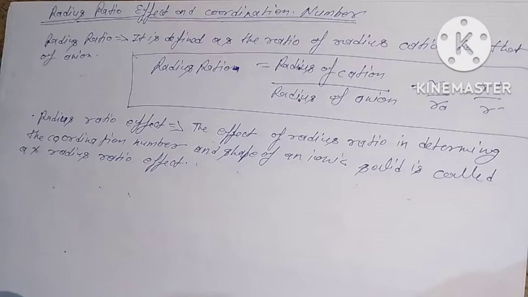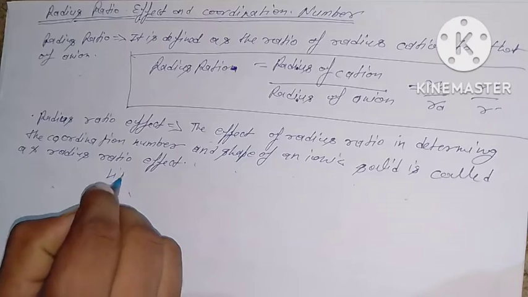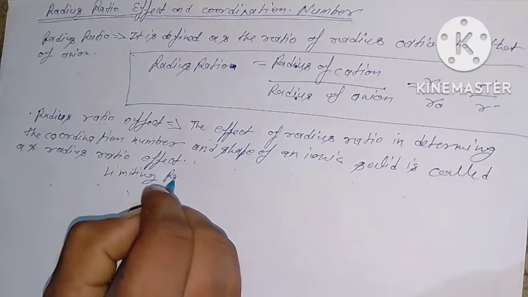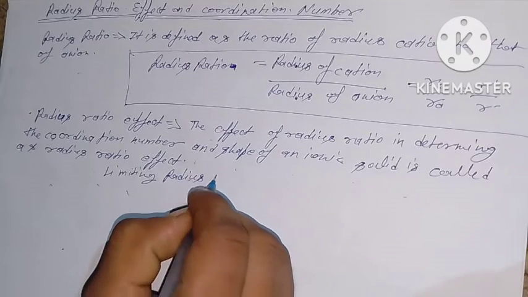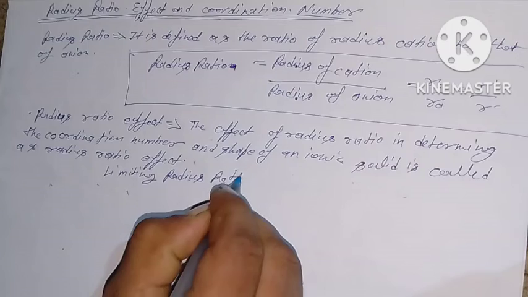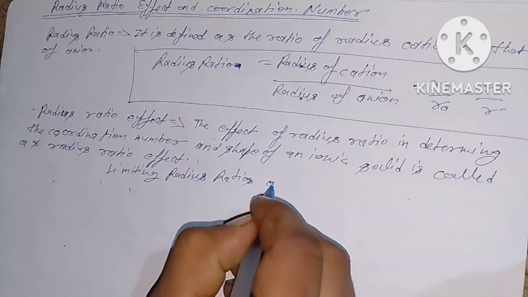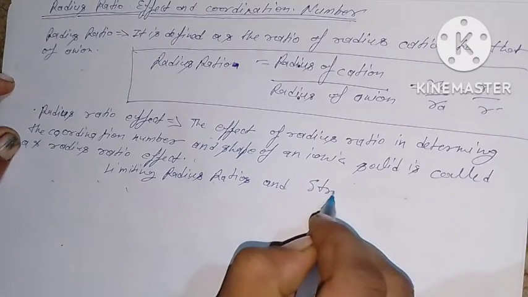You can also see this table: limiting radius ratios and structure.